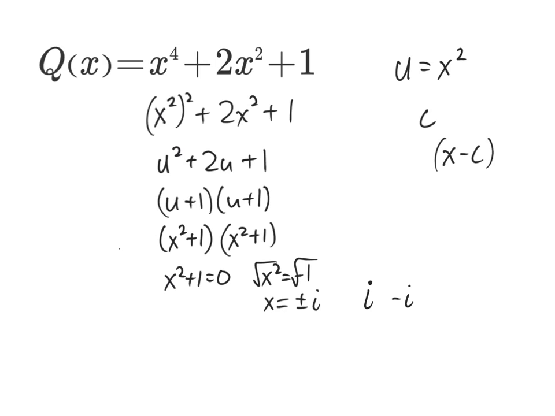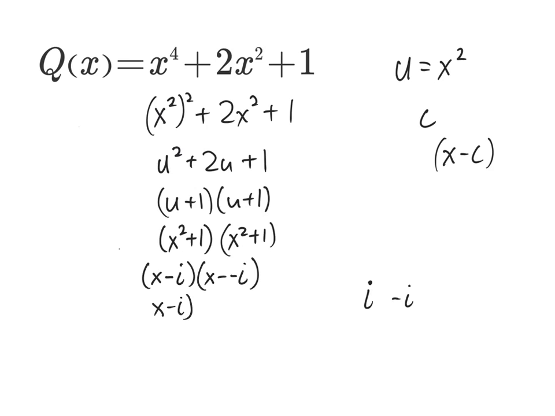So this right here ends up factoring to be x minus i and x minus a negative i, which ends up becoming x minus i and x plus i.